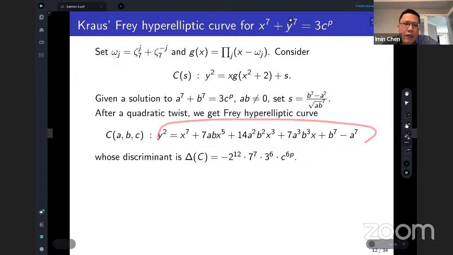You can compute the discriminant, and because a^7 plus b^7 factors as a plus b times the 7th cyclotomic polynomial, this discriminant actually contains a factor of a plus b. And so it's also sensitive to the solution (1, -1, 0).